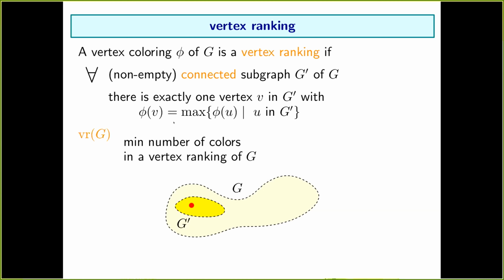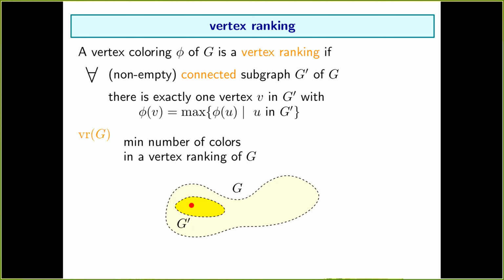So in the definition, this is very close to the centered coloring. In the centered coloring, we required a color that appears exactly once. Here, first of all, we are coloring with integers, and second, we require that the color that has the largest value appears exactly once.